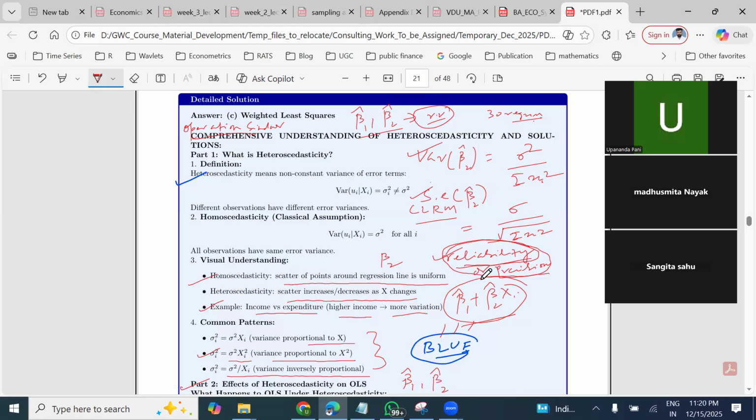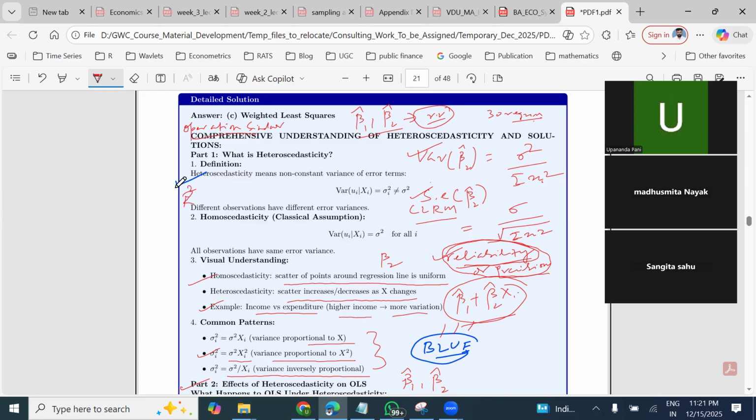Let's say there are two regressions for a similar research problem. Let's say we want to estimate the consumption function. You both have drawn different samples. Sample 1 Sangeeta has done, sample 2 Madhusmita has done. Now you two have estimated the regression, and my job as an evaluator is to check the regressions. Earlier I told you about R square, right?